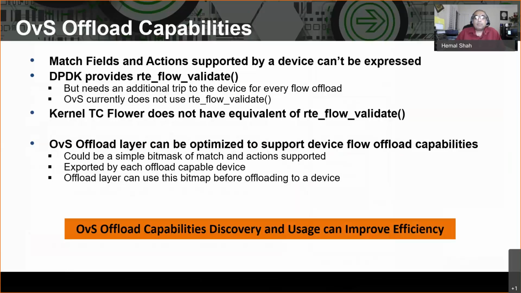So this creates different kinds of offload functionality. Not only that, it's not really optimized for the underlying device, because not necessarily all devices support the same offload capabilities. Just by having a simple bit mask, which allows a device to advertise its offload capability, the offload layer can intelligently use it to improve efficiency. So this is one area where the OvS offload layer can improve.